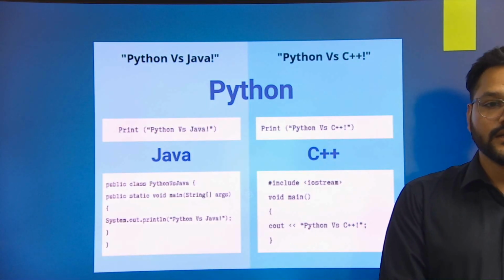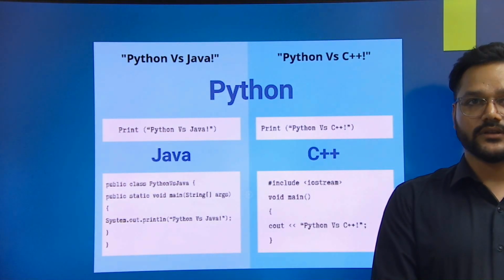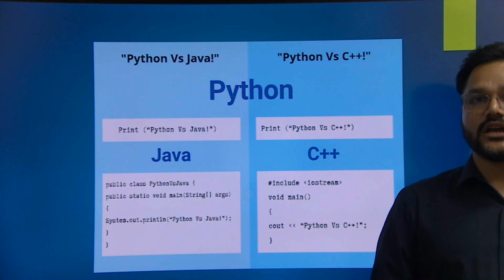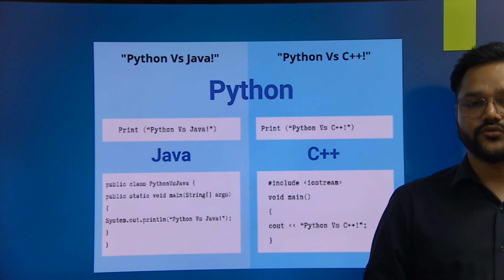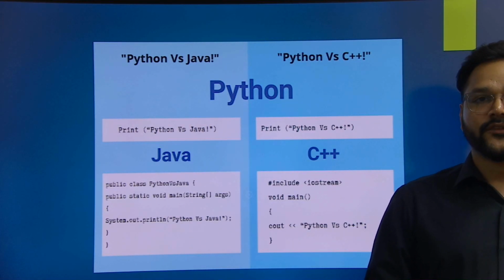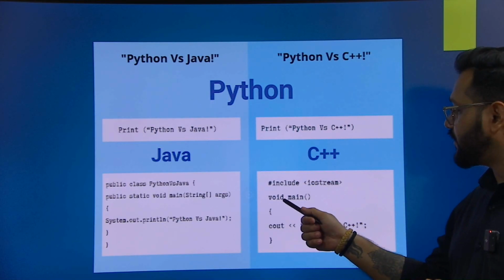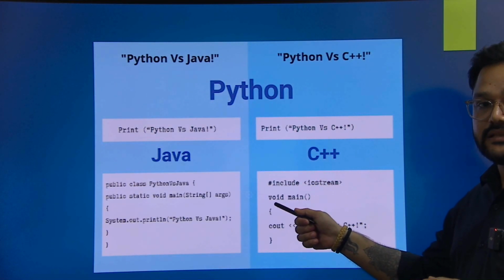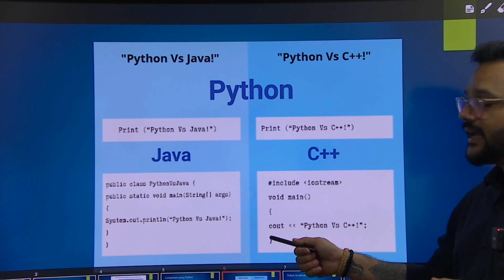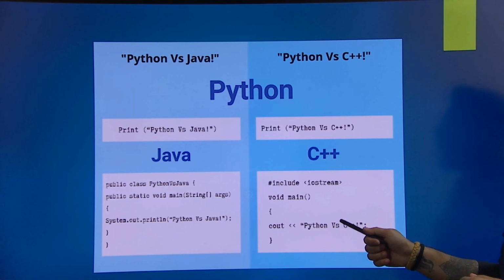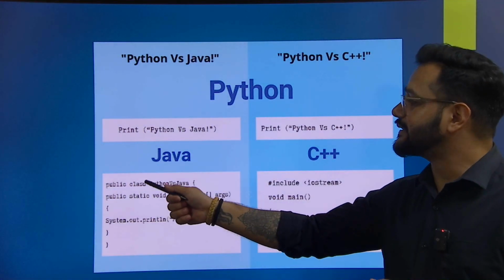Now, as I said, the syntax of Python is simpler. If we compare the syntax of Python with C++ or Java, to create a C++ program you have to include the header files, create the main function, then put the starting and ending braces, and inside that write your statement. In the case of Java, things are more complex.